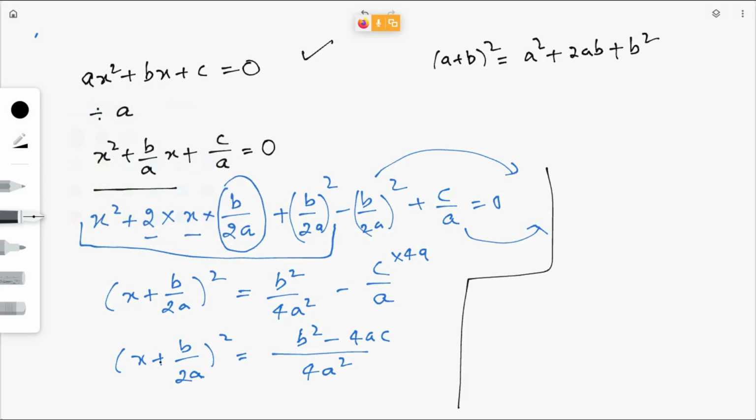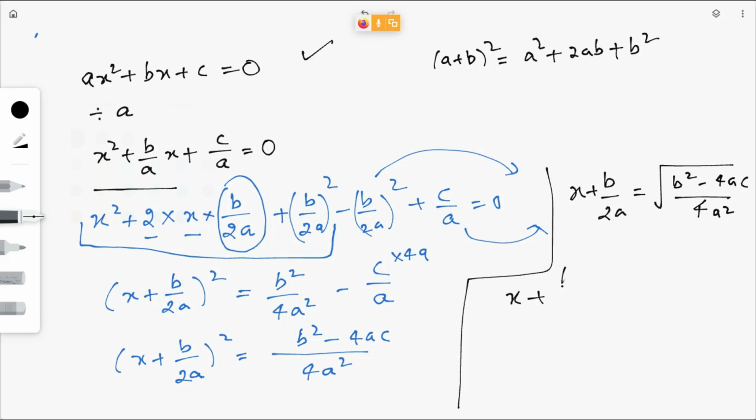No, sir. Okay. So now again, take this x plus b by 2a is equal to root of this, that is b square minus 4ac divided by 4a square. Keep this one as it is.